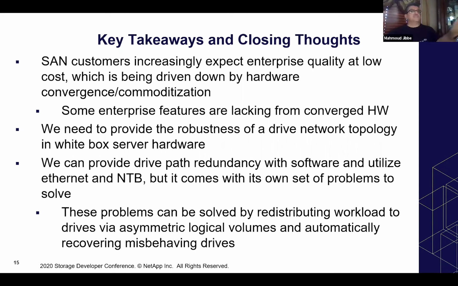That network comes with certain problems, but the method that we described in this paper did solve the problem and identify a fault to the user when needed. And it did that by redistributing the network workload among drives via an asymmetric logical volume, like we discussed.